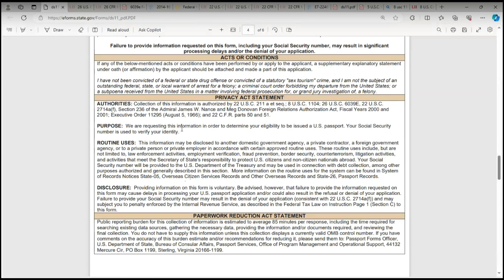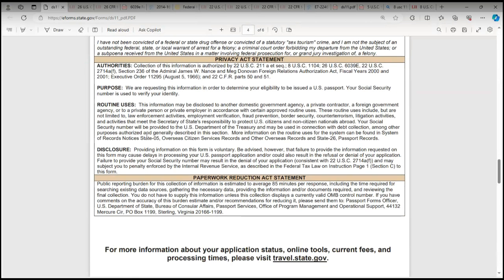Okay? But I'm going to read this privacy statement before I start completely. It says, purpose, we are requesting this information in order to determine your eligibility to be issued a U.S. passport. Your social security number is used to verify your identity, even though a social security number was never meant for that purpose. There are other ways to verify your identity. Routine uses.